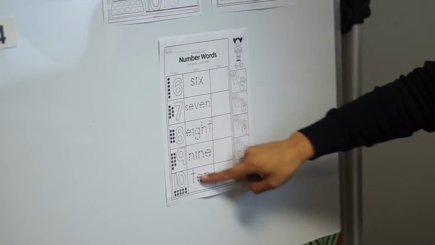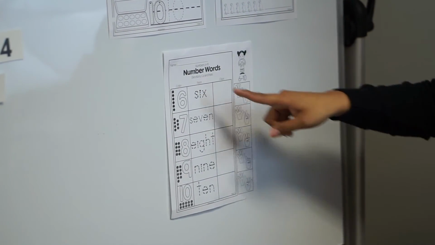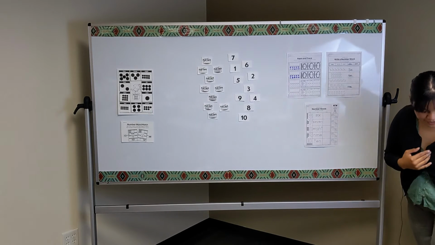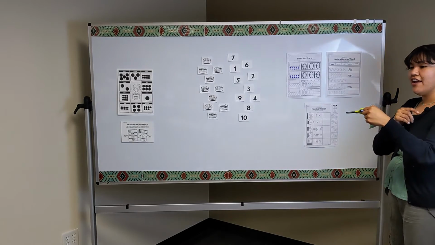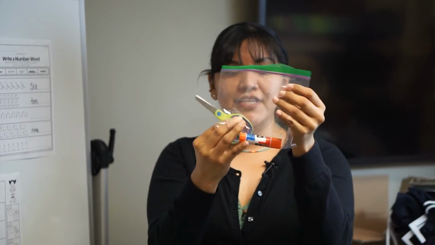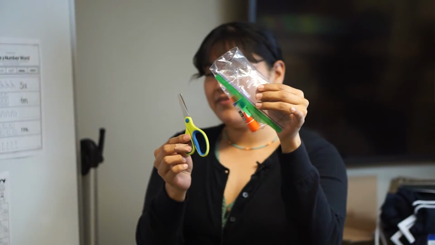So everyone have this worksheet right in front of them, and the directions say cut and paste. So we're gonna need our scissors and we're gonna need our glue. So everyone have your scissors and your glue stick out because we're gonna be needing these supplies. All right.